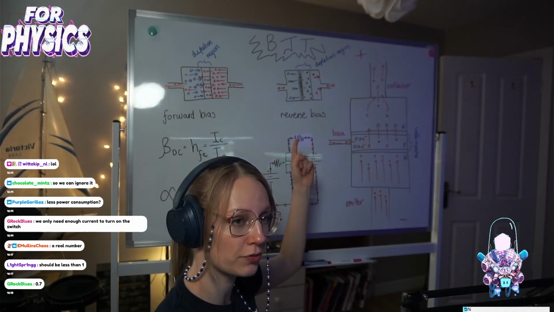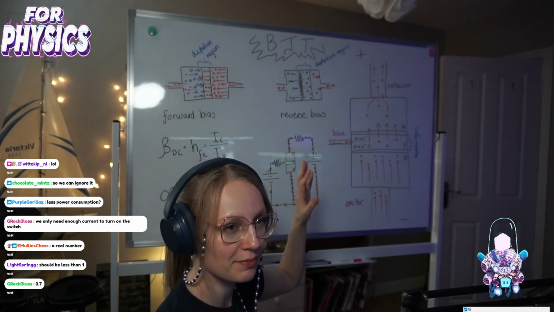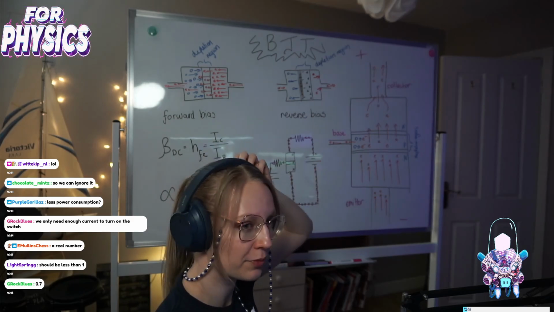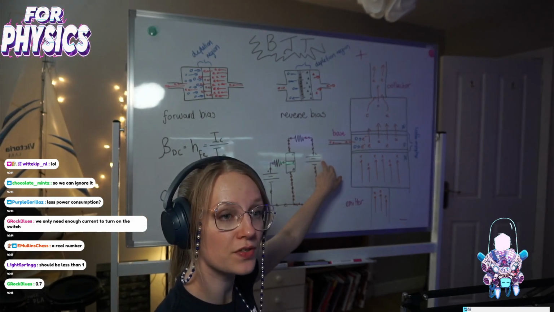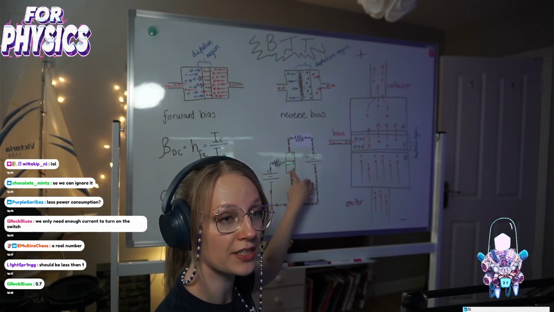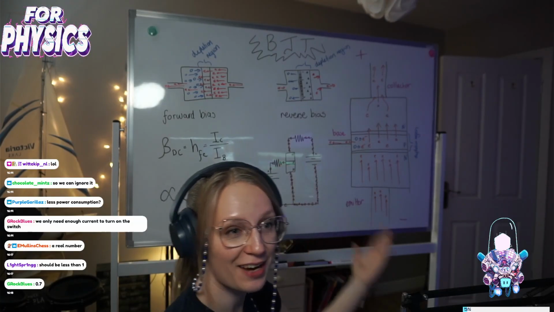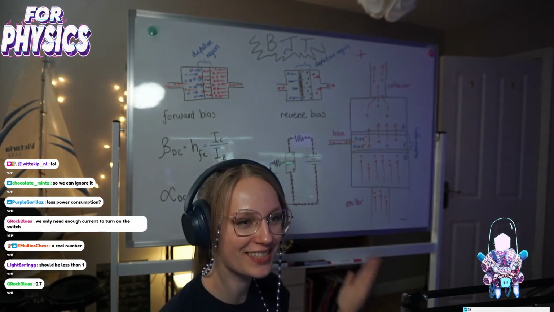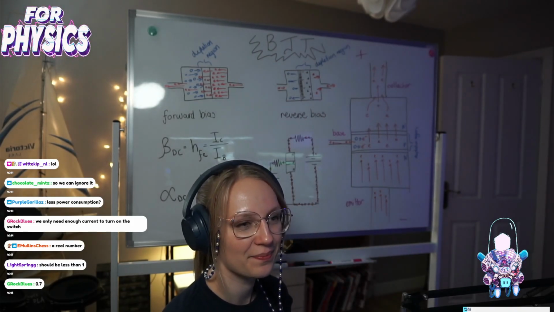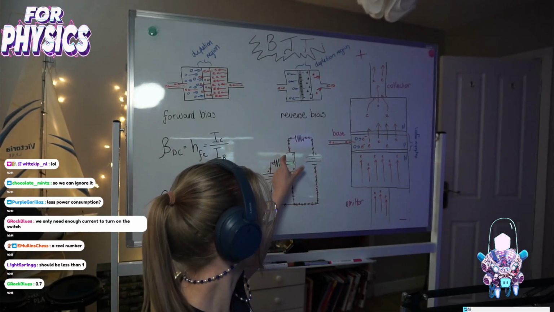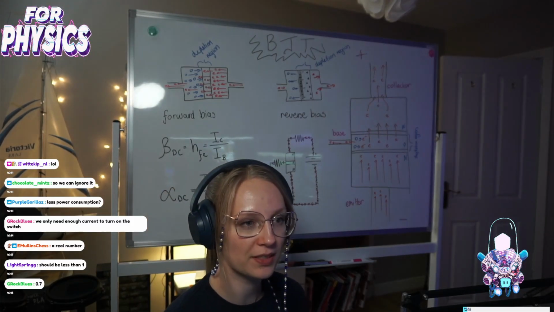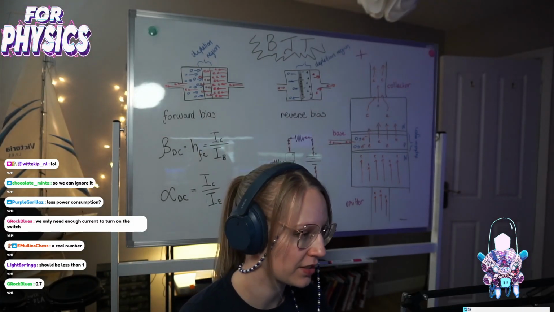Just make sure your resistors are good enough, as in maybe 500 ohms or whatnot, and you're only working with a couple of volts. But you can use the same voltage source. All you need to do is use a potential divider here. And how do you do a potential divider? Put a resistor in series. And you can make sure that your diode is experiencing a different voltage one side versus the other.